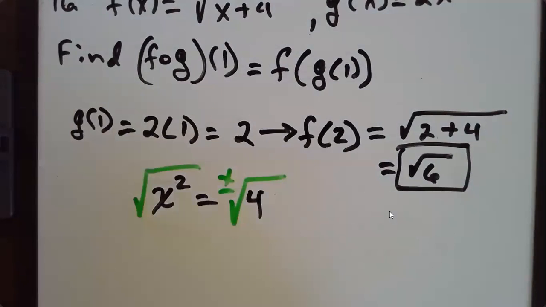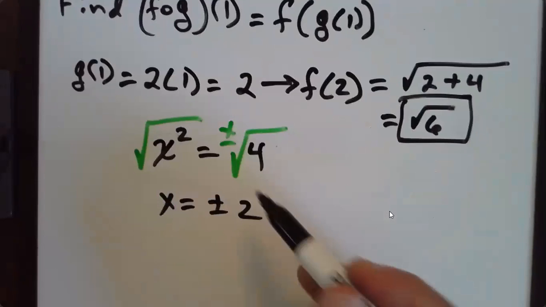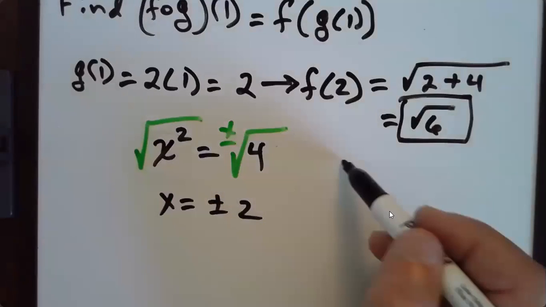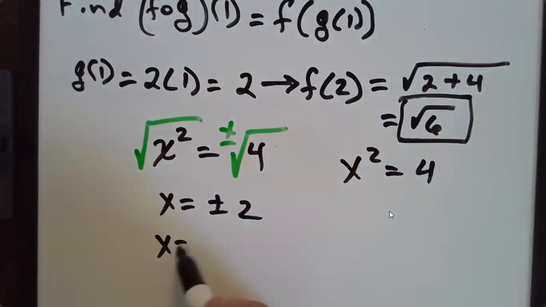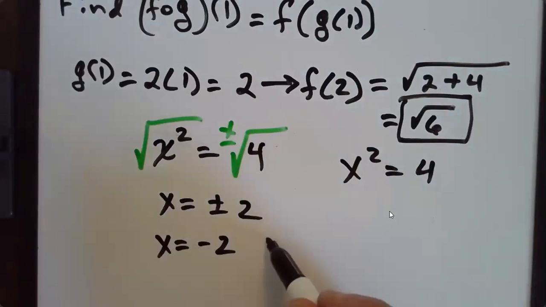Why? Because our answer is plus or minus 2. We started with x squared equal to 4, so we have two possible answers: x equal to negative 2, and x equal to positive 2.